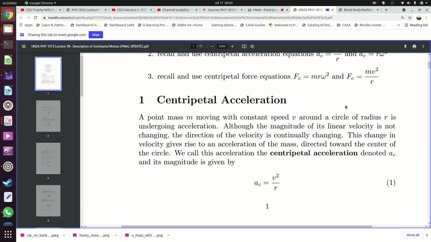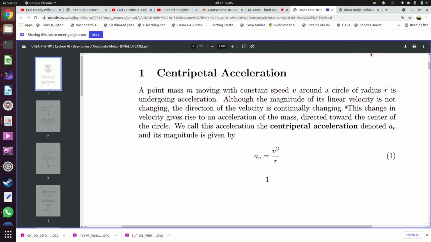The centripetal acceleration bit is the same, but as we mentioned earlier on Thursday, when we are talking about centripetal acceleration, basically we are talking about an object moving with a constant speed, but it's moving in a circle.